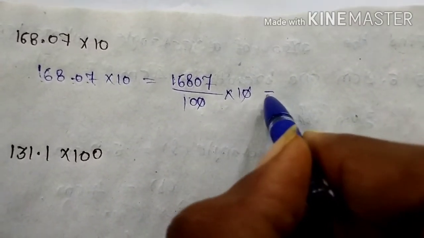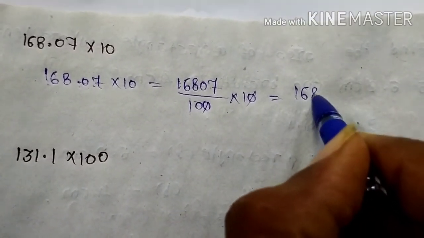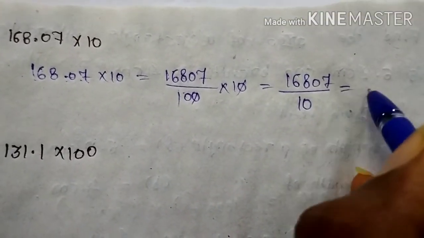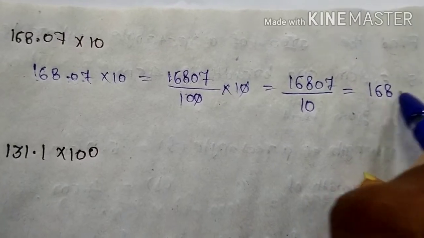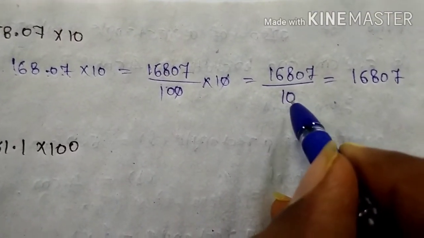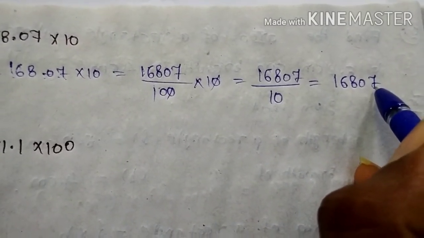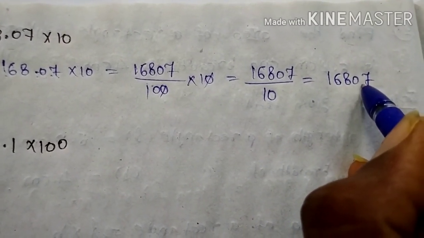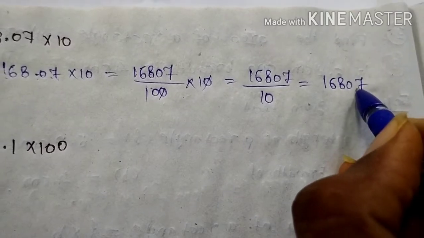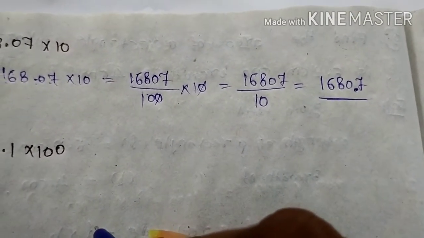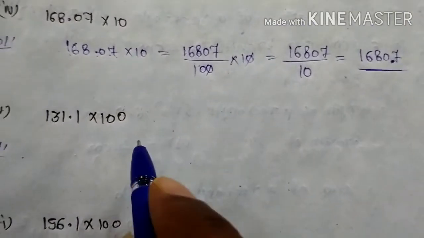We are getting 16807 by 10. In the denominator you have only one 0, so you place the decimal point from the right side after one digit, so your answer is 1680.7.